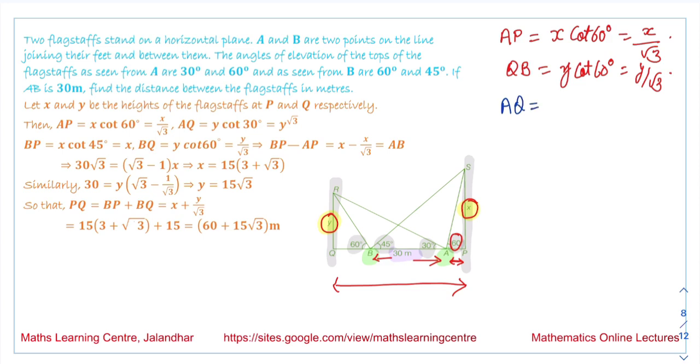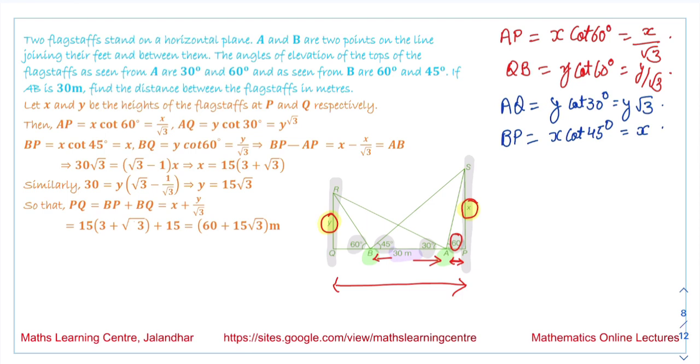So that comes out to be Y times cot 30 degrees and the answer we obtain is Y times square root of 3. And the value of BP is equal to X times cot 45 degrees and that comes out to be X. So these are the 4 values that we have.